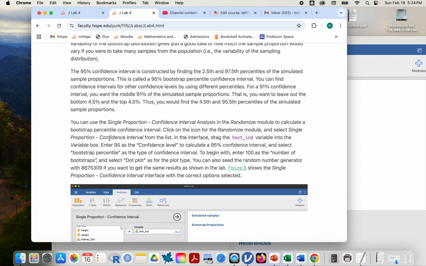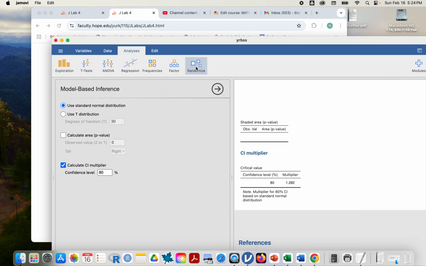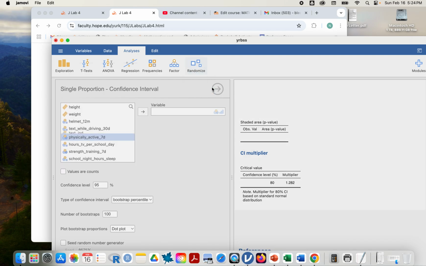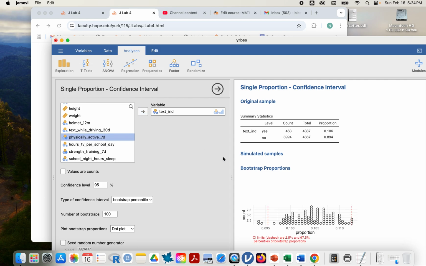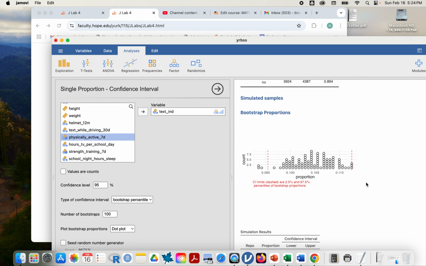All right, so we want to go to single proportion confidence interval. I'm going to randomize single proportion confidence interval. We need to take text ind and put it in our variable. Our confidence interval is 95%, and we're doing the bootstrapping percentile.